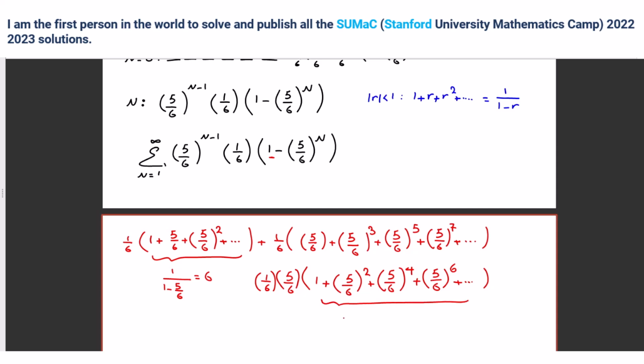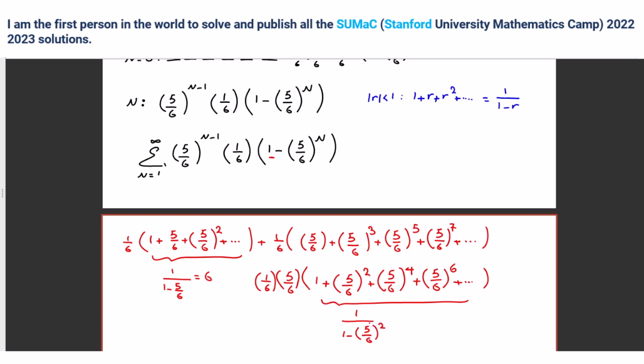So it is equal to what by the formula? r would be (5/6)^2, so 1 over 1 minus (5/6)^2. Exactly.